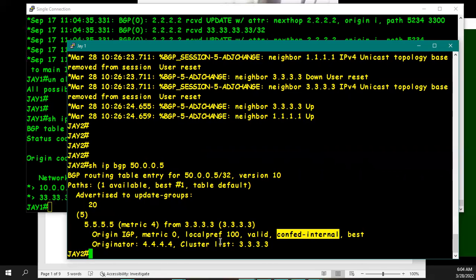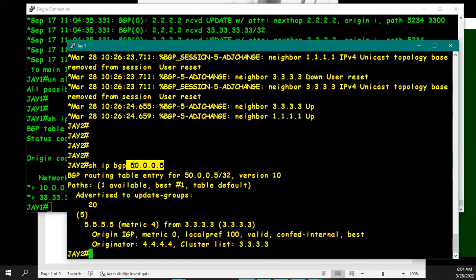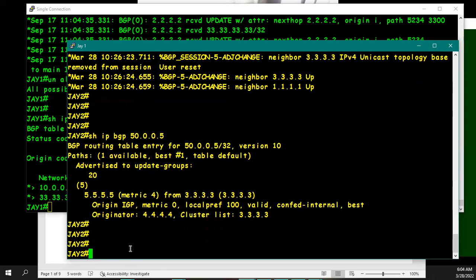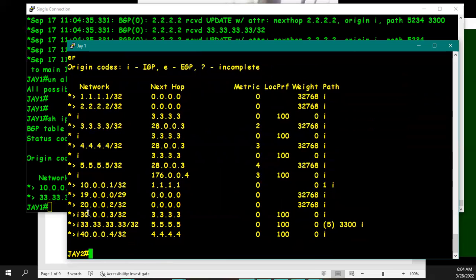Now here's the thing. Let me show you this. See this here, autonomous system 5. Now we know that's where the network is that we're using that loopback. So that's that internal network for that router. But just keep this number 5 in your mind real quick. So show IP BGP. What you'll see is number 2 learns about the 33 network.